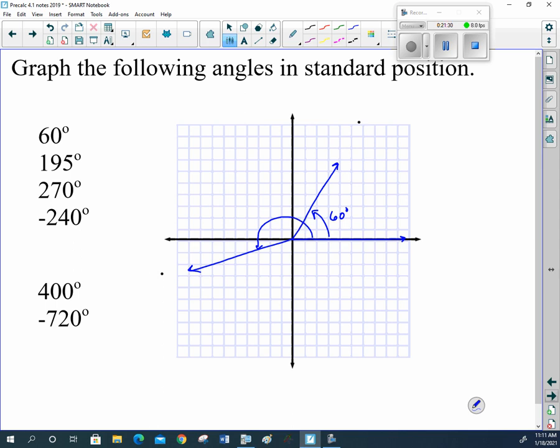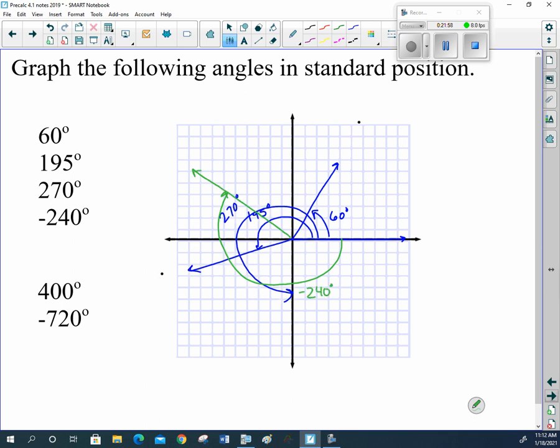So that's 195. Okay, 270 would be on the y-axis. That's 270. And negative 240, you would start here, rotate. This is a negative 180, so a negative 240 would put me here. So that'd be a negative 240.